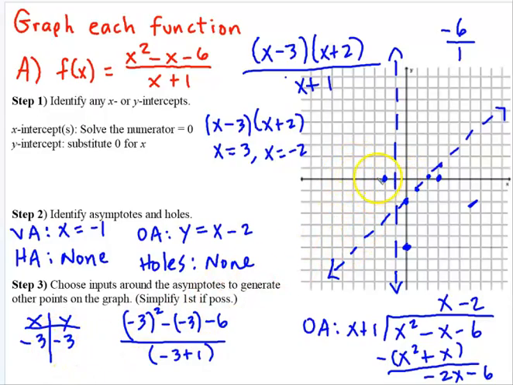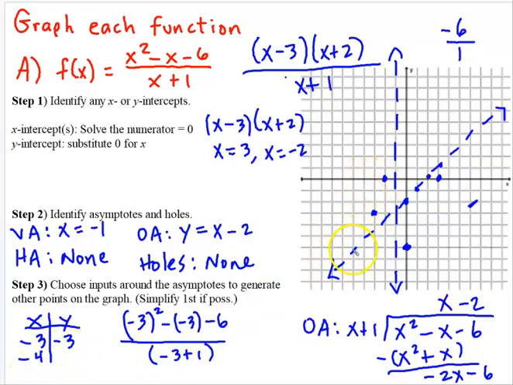Is that correct? -3? Okay. All right, so let's plot -3, -3. 1, 2, 3, 1. I'm going up. 1, 2, 3, 1, 2, 3. All right. Just to see, let's go ahead and do -4.